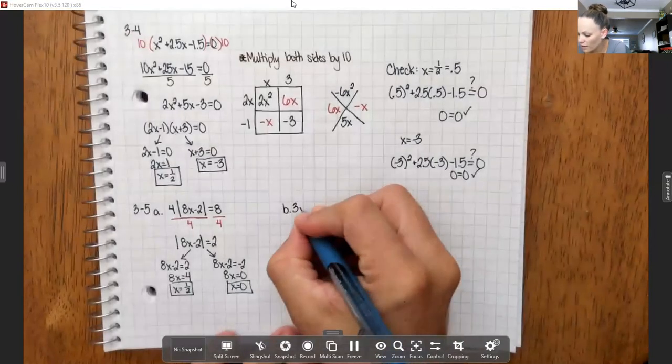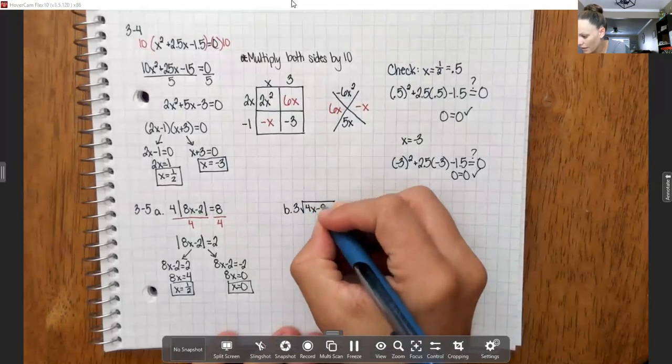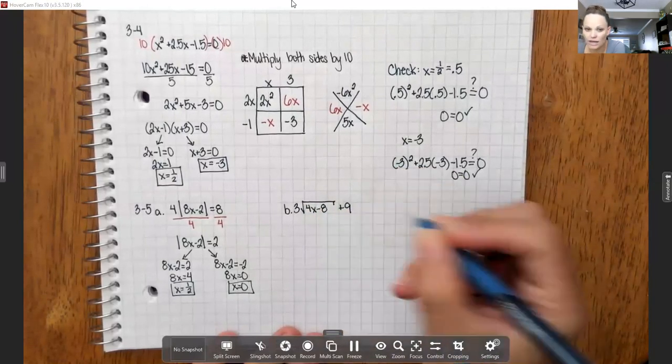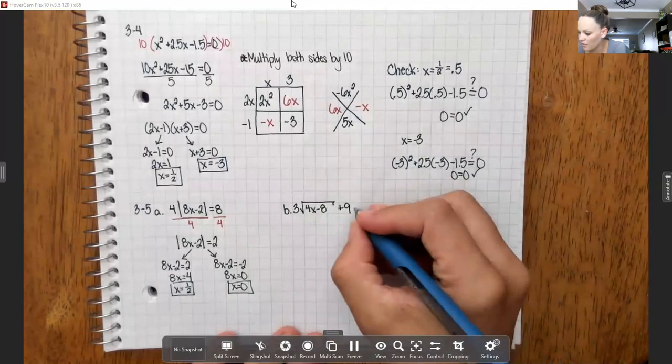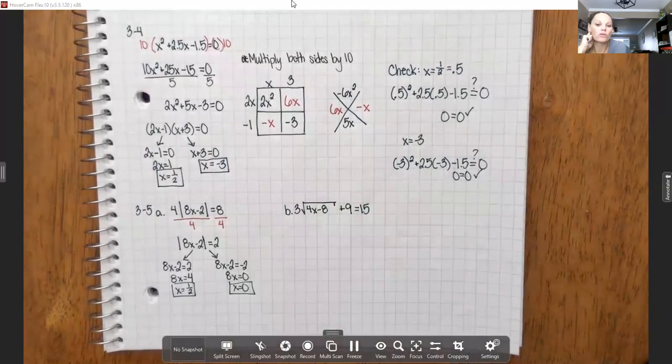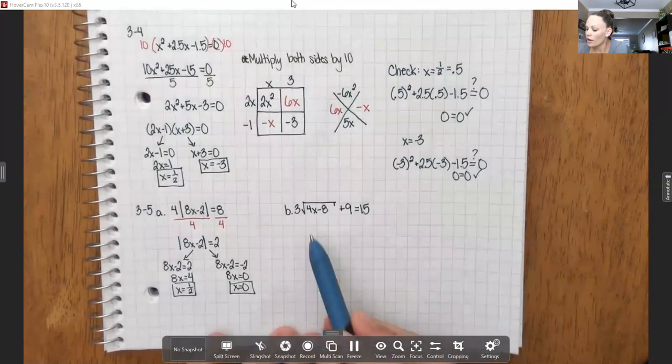B is 3 times the square root of 4x minus 8, plus 9 is outside the square root, equals 15. So same idea here. You need to get your square root alone before you do anything.